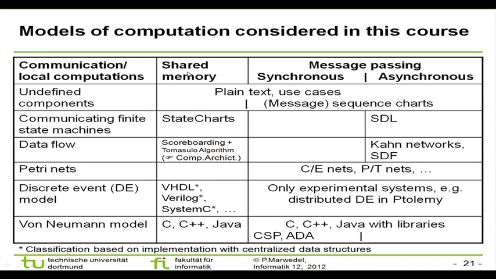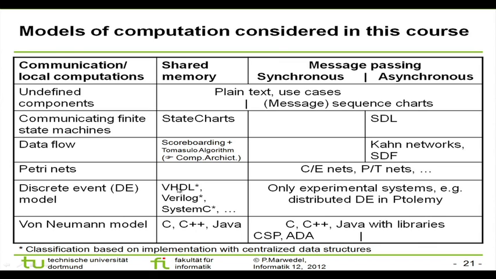State charts will use shared memory communication. We will see another version of communicating finite state machines, SDL, which is using message passing. We will try to see something of CAN networks, which is a data flow, but certainly we will look at Petri nets, which is looking at asynchronous message passing.